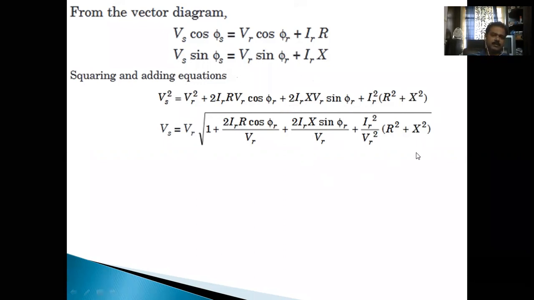After simplification, you get the equation for Vs, the sending end voltage, in terms of the receiving end voltage and the parameters: resistance, reactance, and also the phase angles. Note it down. Once you have noted it, please inform me.